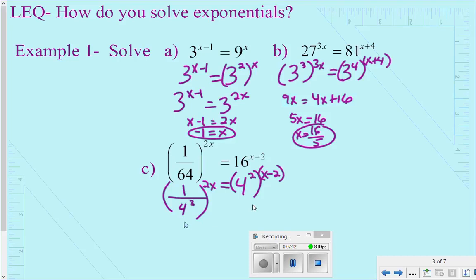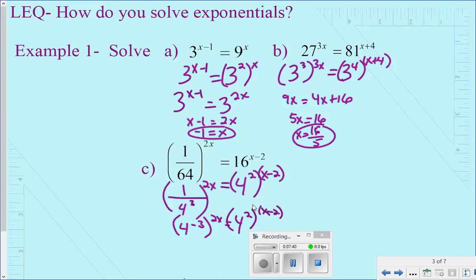I have a 4 on the right, and I have a 1/4 on the left. So I need that to say 4. Well, 1/4 cubed is the same thing as 4 to the -3 power, and we learned that earlier in the week. So 1/4 cubed is the same thing as 4 to the -3. So I have 4 to the -3, and that's to the 2x. And now I have like bases. So 4 squared to the x minus 2.